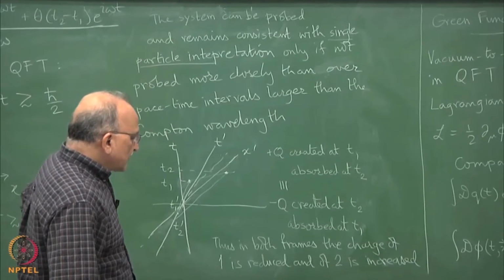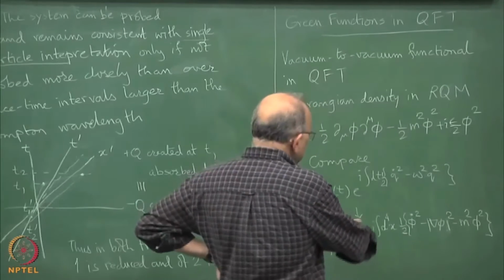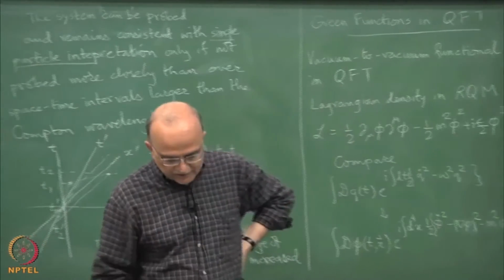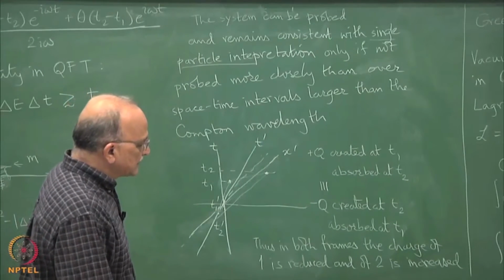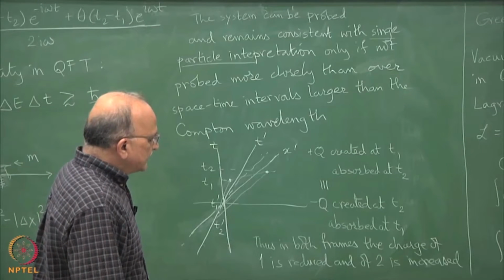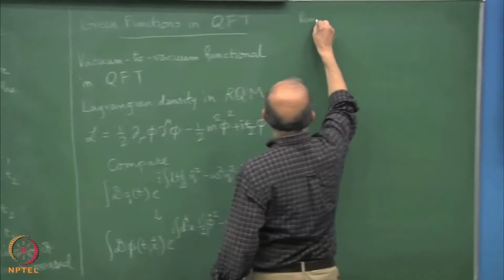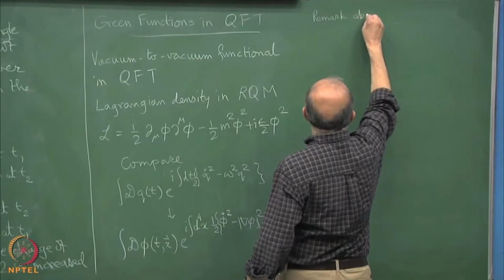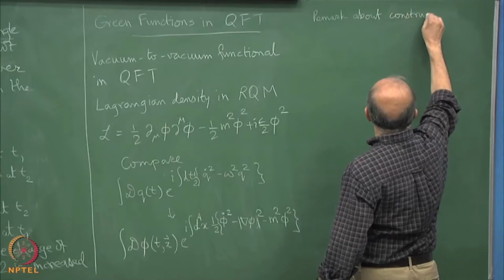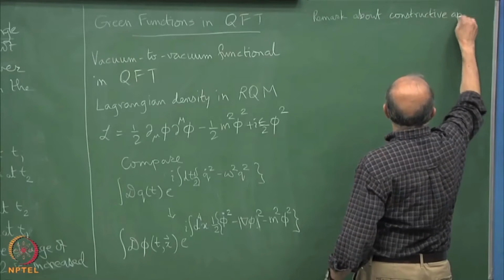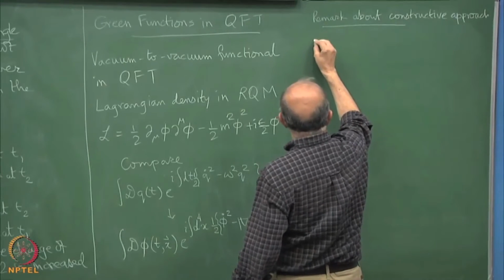At this point I could also comment a little bit about this business, why we put the Minkowski invariance, because we want Minkowski invariant S matrix theory in the end, of course. But if you go to the constructive approach of Weinberg, what he basically says is that, so remark on, so here what we do is we start with.